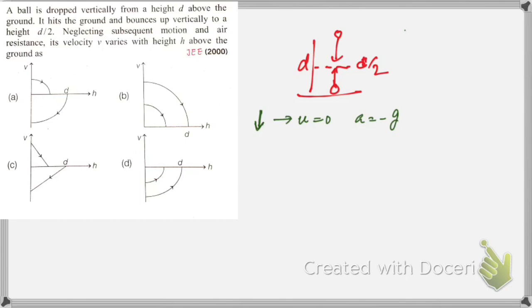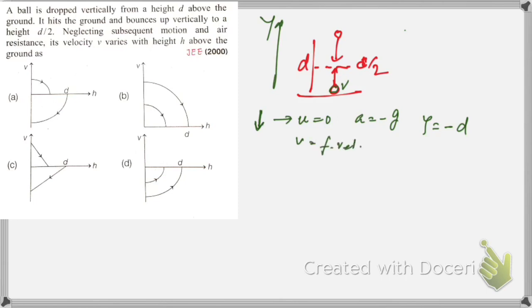And position is minus d now. So let me take this one as the y-axis, the vertical axis. So position is minus d, and it must have some velocity just before touching the ground. Let it be v. Okay, v is the final velocity.